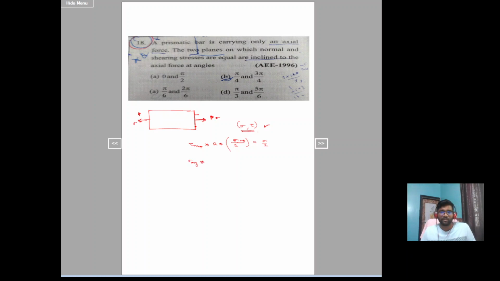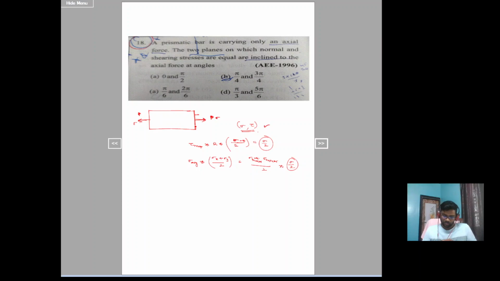Sigma average is nothing but the normal stress that is acting on the maximum shear stress plane, which is equal to sigma x plus sigma y by 2. You can take it as sigma major plus sigma minor divided by 2, and you will get sigma by 2.